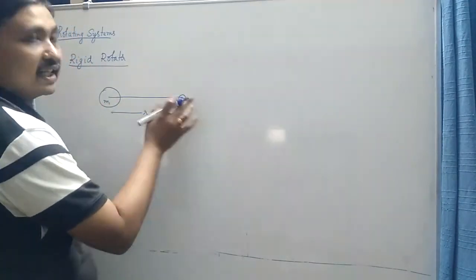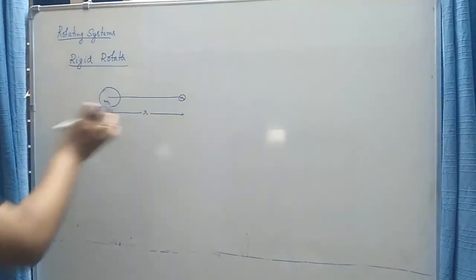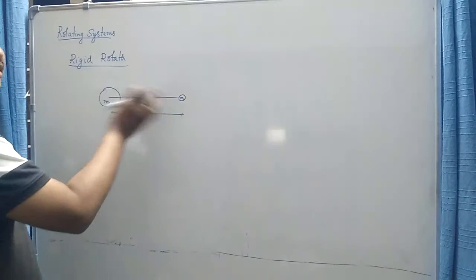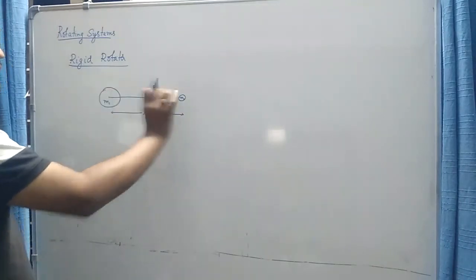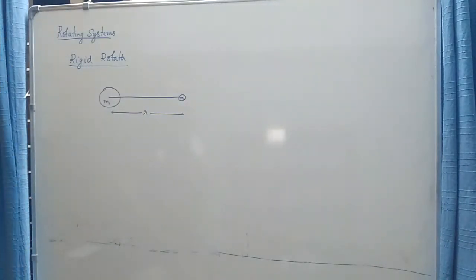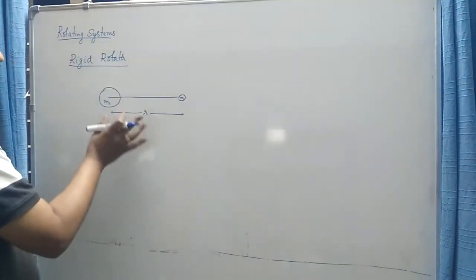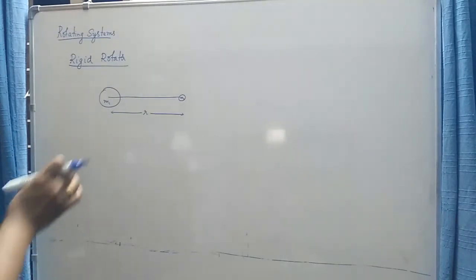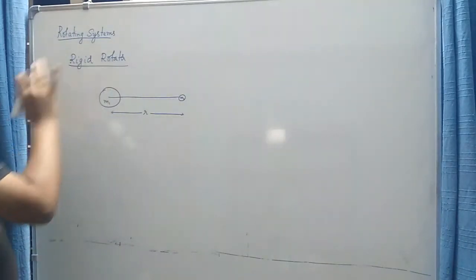If it is a diatomic molecule, this r represents the bond length, that is the distance between the centers of the nuclei of two atoms. So r represents the distance between the two particles, and we are assuming that this r is rigid, that is the value of r is fixed, you cannot change it. That is why this model is called a rigid rotator.